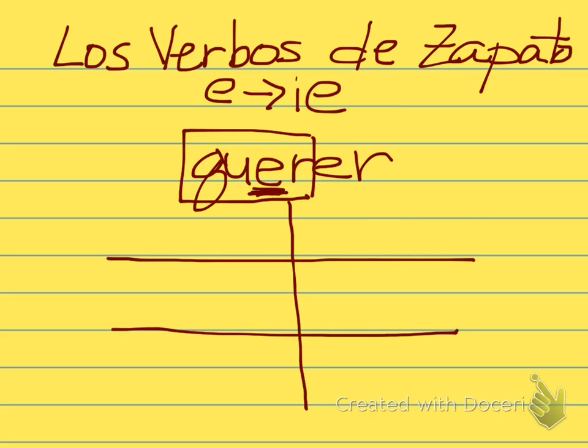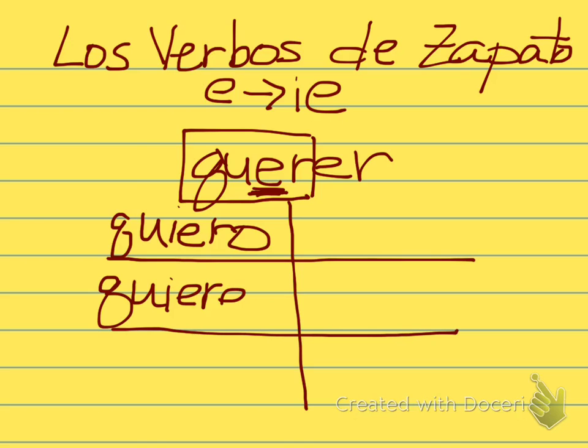For example, QU, E changes to IE, so instead of E, it's now IE. Keep the R in there, and its appropriate ending for the yo form is an O. So, quiero is I want. Tú form: quieres, you want.